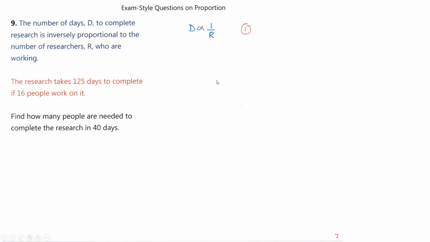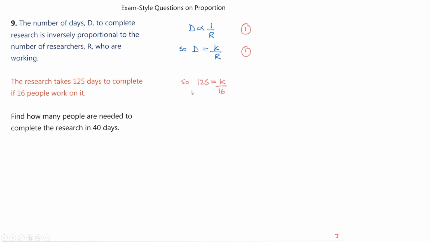As before, you change it and write D equals K divided by R. That's all we mean when we're talking about inversely proportional. D will be some number divided by R, and we need to work out what that number is using this red information.